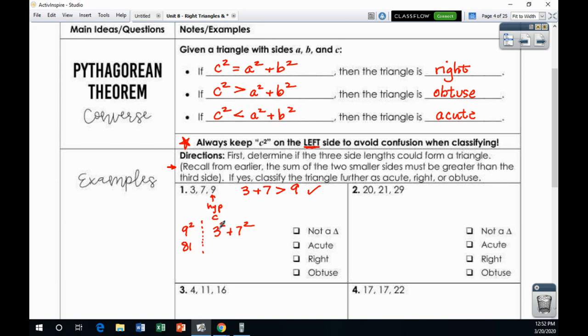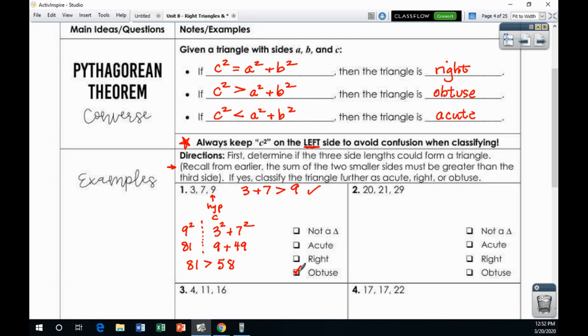That's 81. 3 squared is 9, and 7 squared is 49. 81 is definitely going to be greater than 58. So this example fits with the second bullet point up here: C squared is larger than A squared plus B squared. That means this triangle is an obtuse triangle, because 81, C squared, is greater than A squared plus B squared.